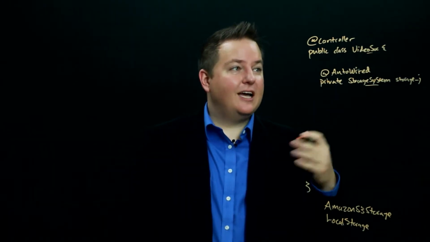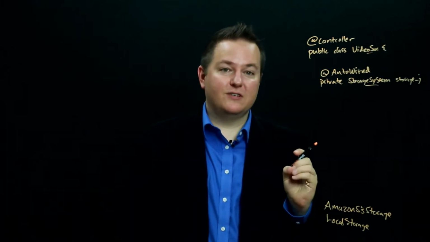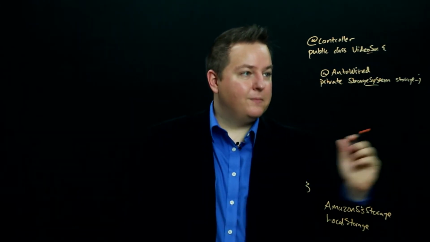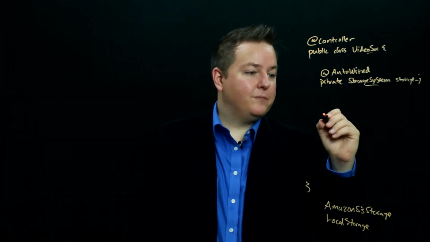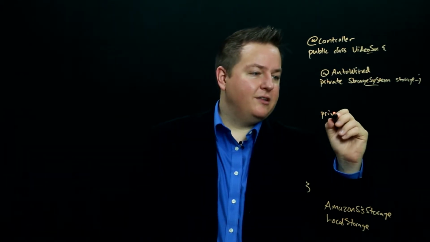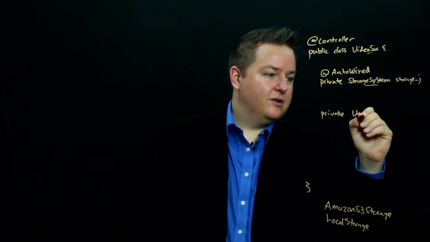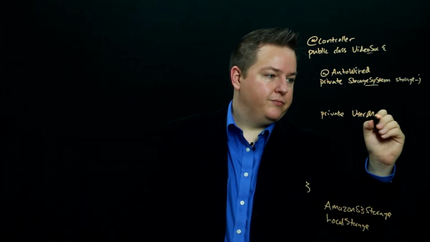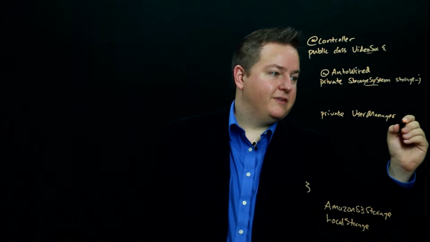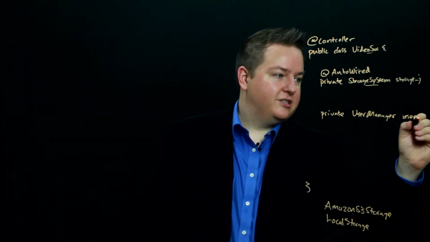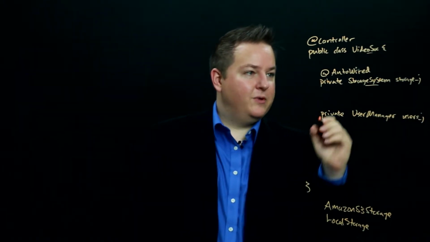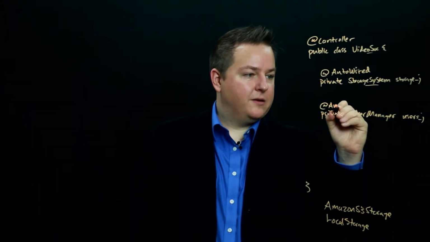And so this is really nice because we can create a video service that depends on any number of other objects. So for example, we might have another dependent object that's user manager that is defined in an interface somewhere else, and we'll call this users. And then we could just say @Autowired for it.